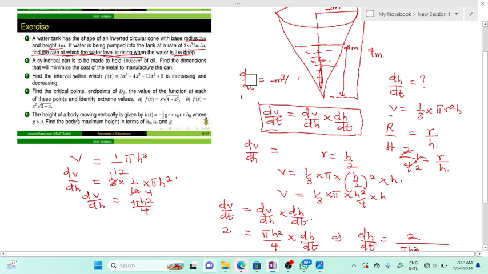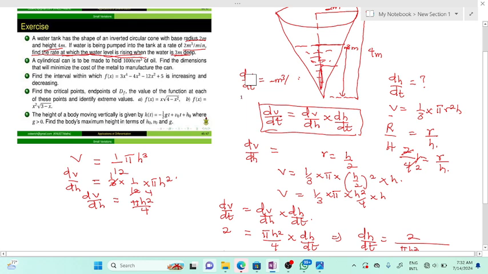So what is our second problem? Our second problem says a cylindrical can is to be made to hold 1000 centimeter cube of oil.